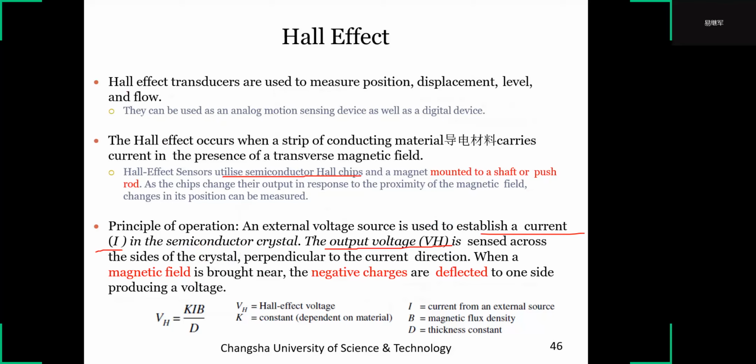When a magnetic field is brought near, the negative charges are deflected to one side, producing a voltage. The output voltage is calculated by this equation.